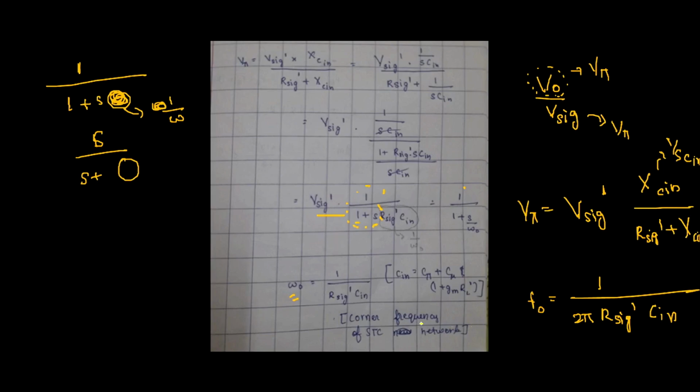So this is called the corner frequency of an STC. STC stands for single time constant network. We'll learn more about single time constant when it comes to low frequency analysis.